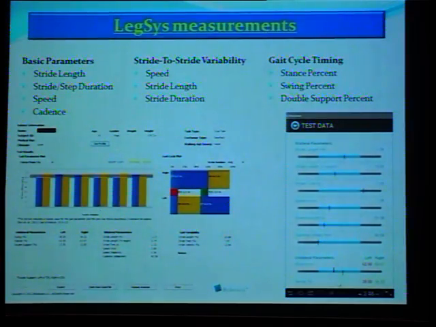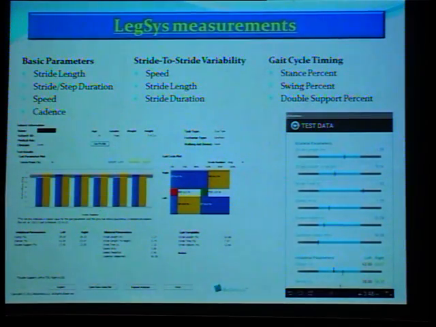The parameters that it can give you are stride length, what we discussed earlier, stride, step duration, speed, cadence, and stride to stride. It can also give you your swing and stance percent. The last one is called double support percentage, which means when both legs are on the ground. That is the double support time that it calculates.